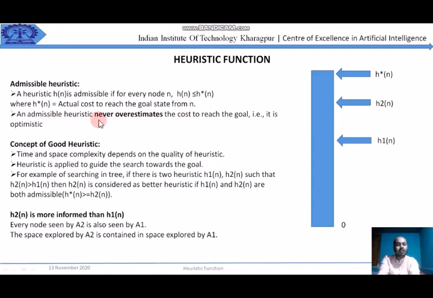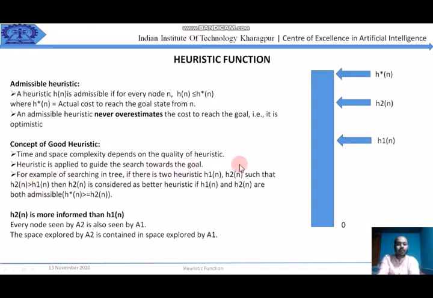So an admissible heuristic never overestimates the cost. The concept of a good heuristic is also problem specific. Time and space complexity depend on the quality of the heuristic, and we will see this in the next slides in detail. A heuristic is applied to guide the search towards the goal. This is the actual work of the heuristic.